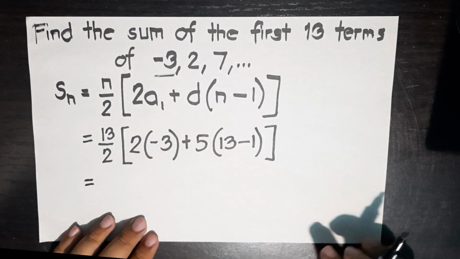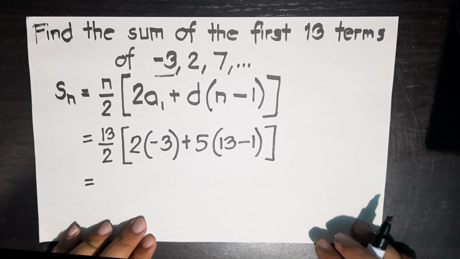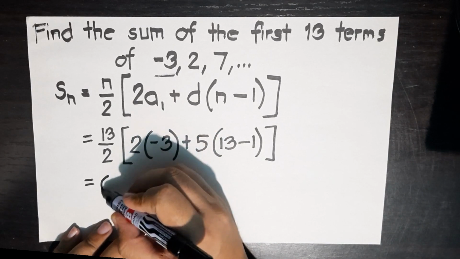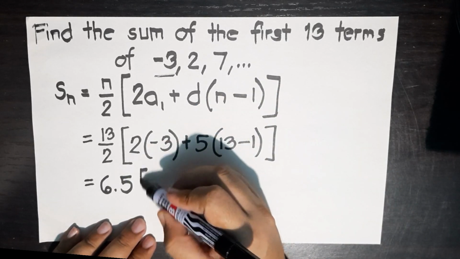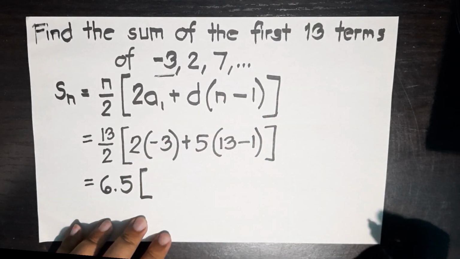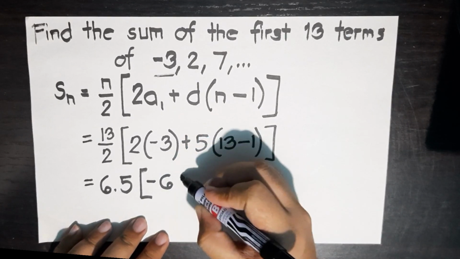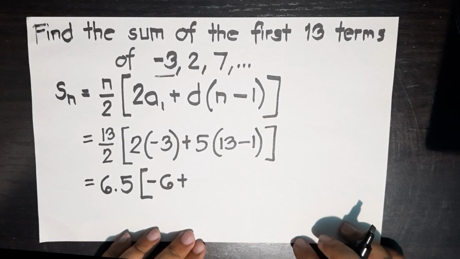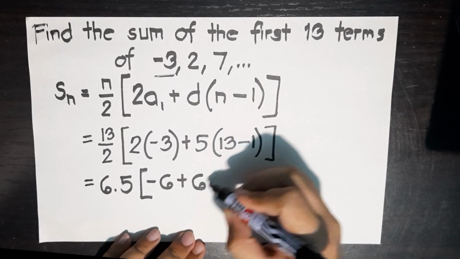Then 13 divided by 2, you can actually stick with 13 halves, or, if you wanted, you could go with the decimal value, 6.5. Draw another bracket, and then 2 times negative 3 will give you negative 6. Plus 13 minus 1 gives 12, times 5, 60.